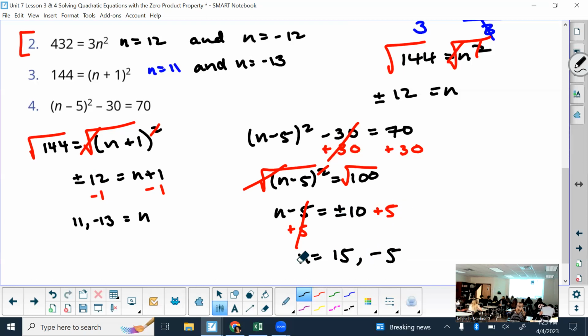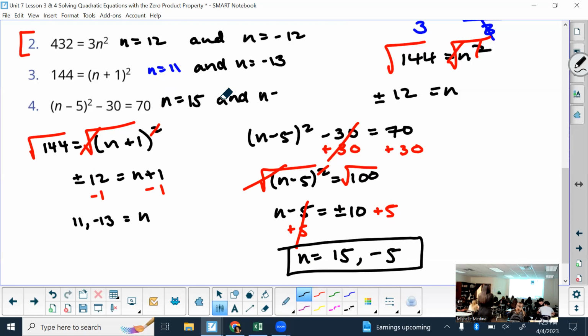Yeah. Okay. So not all the time are the answers necessarily opposites of each other, like in 3 and 4. You had 2 different answers, and each time it's because of that square root. You get a plus or minus. Questions on that?